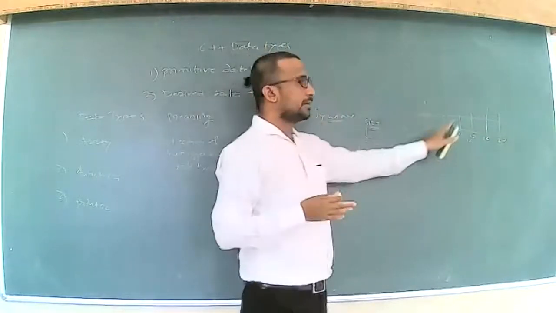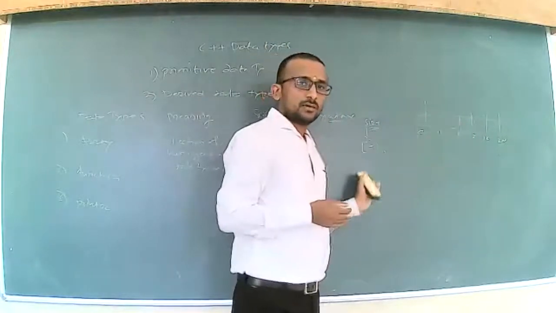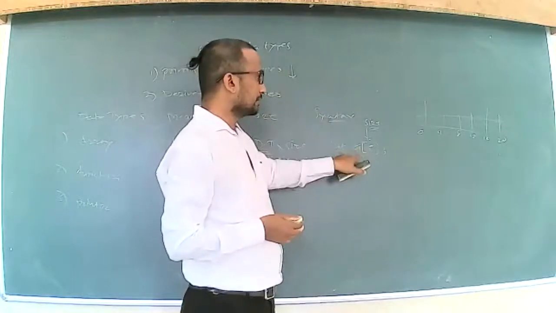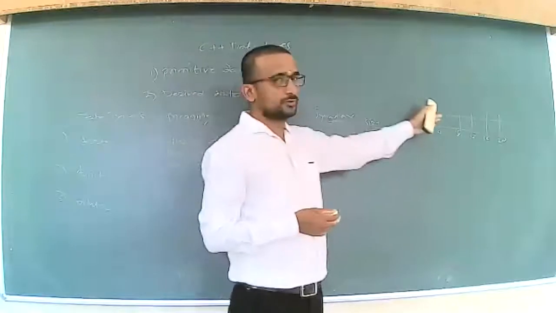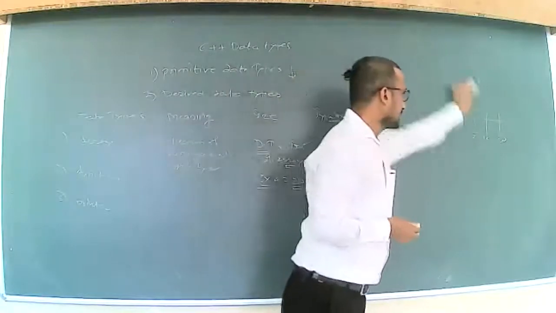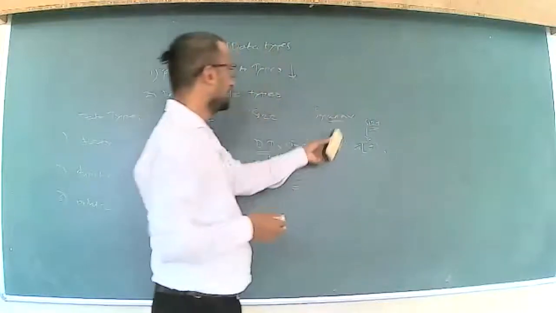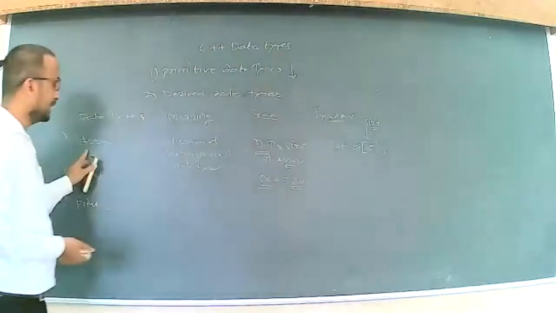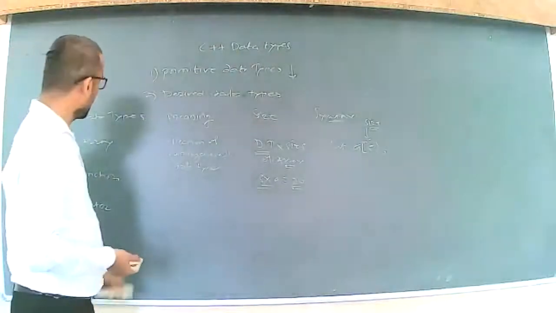So the total memory will be allocated, and as you initialize the value at that memory location, it will be stored in memory. Okay. So this is array initialization that we will discuss in detail while discussing the array.